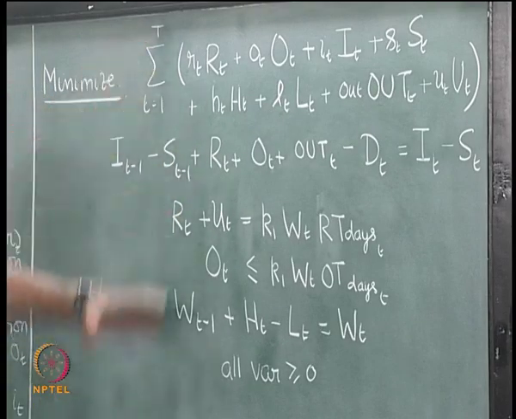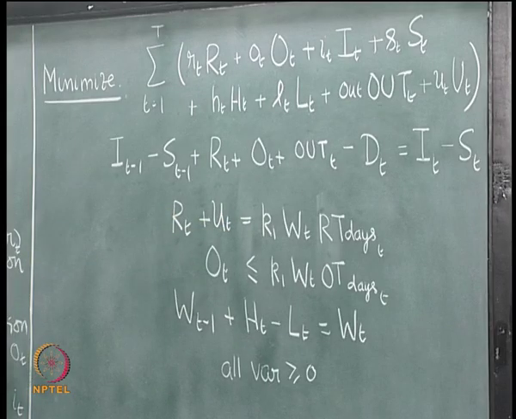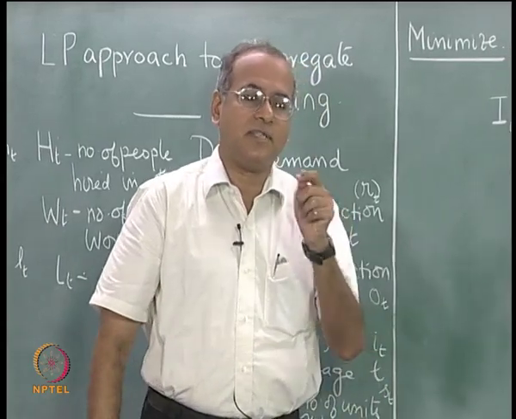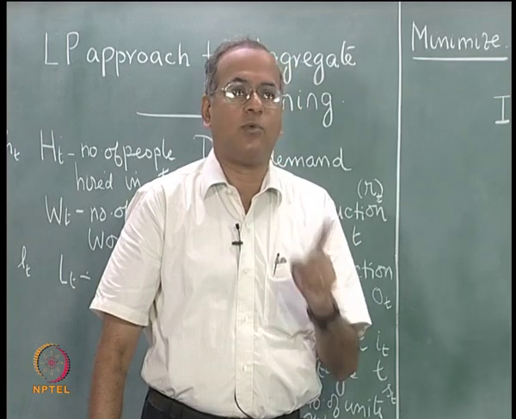So, this formulation is the equivalent optimization or linear programming formulation for the second spreadsheet problem that we saw earlier. The spreadsheet was an evaluative solution where the user made decisions on total production and workforce.